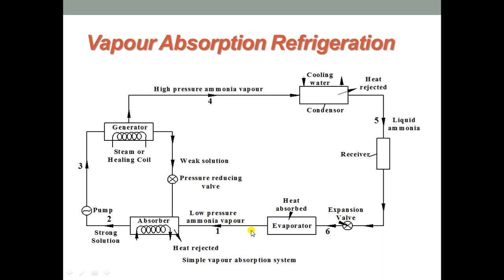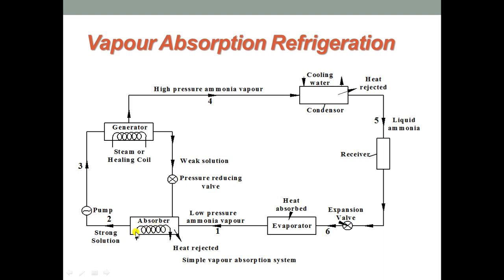This low pressure and low temperature ammonia vapor is passed to the absorber, which contains a weak solution of water and ammonia. Since water has the capacity to absorb ammonia vapor, the low pressure ammonia vapor from the evaporator is dissolved in the weak ammonia solution, producing strong ammonia solution.